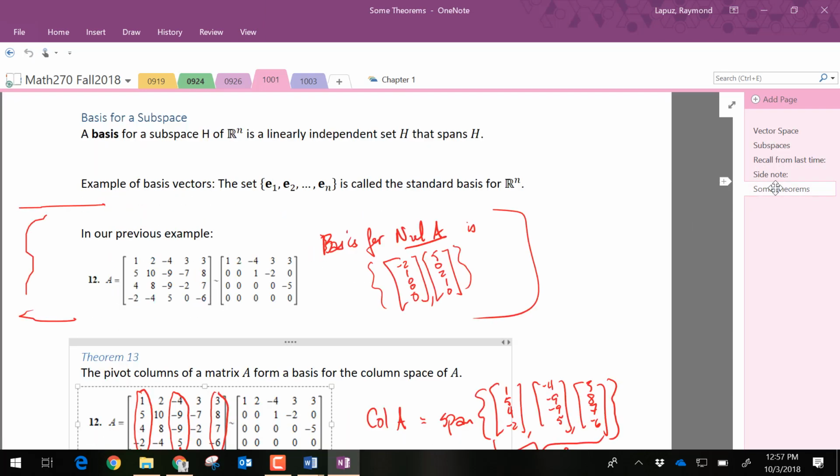And as we're talking about these theorems, we're focused on the column, the row, and the null space. But let's talk about this idea of a basis, a set of linearly independent vectors that span everything. Again, what I want to stress is that the basis is the smallest set of vectors to describe your subspace.